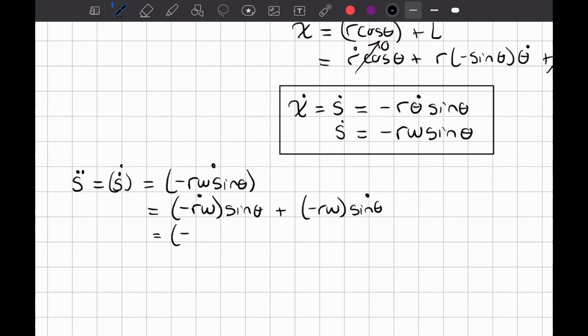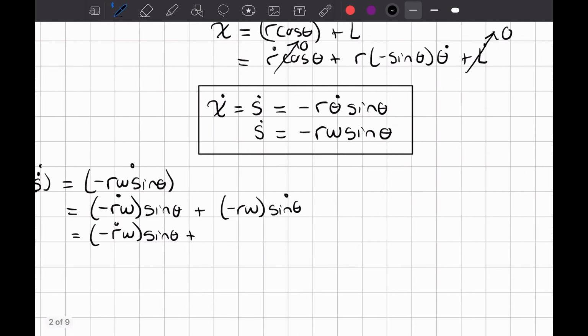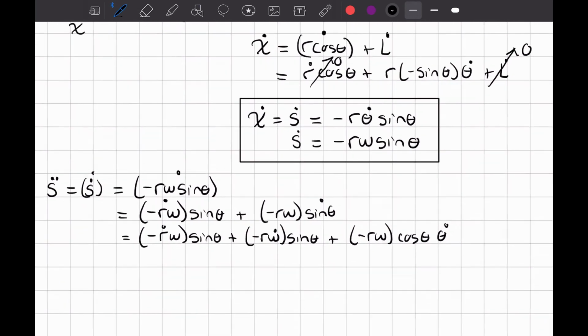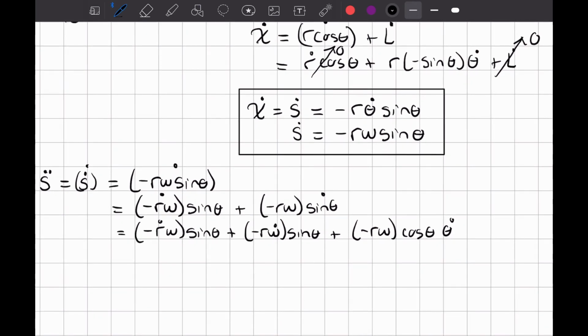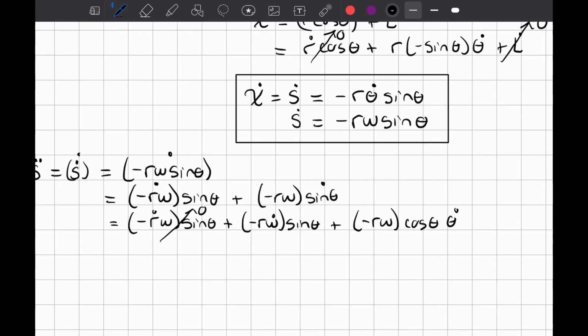So we're going to have minus R dot omega sine theta, plus minus R omega dot sine theta, plus minus R omega cosine theta, theta dot with the chain rule. As before, the R dot term is just going to be 0 because R dot is 0. And so that leaves us with the following expression.